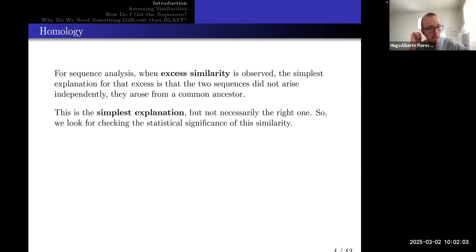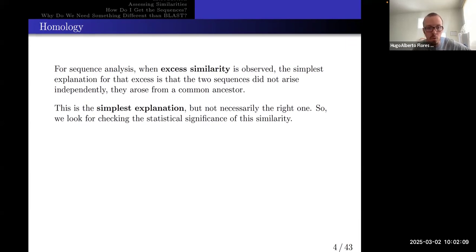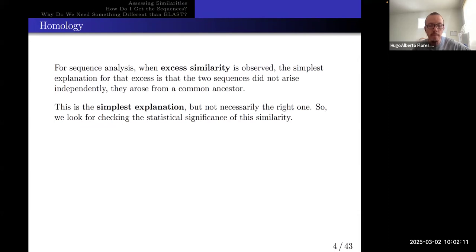So this is the simple explanation, and we are going to discuss some limitations that we have about that. So the idea is to look for statistics tools that allow us to understand if we can justify that this common ancestor really exists.